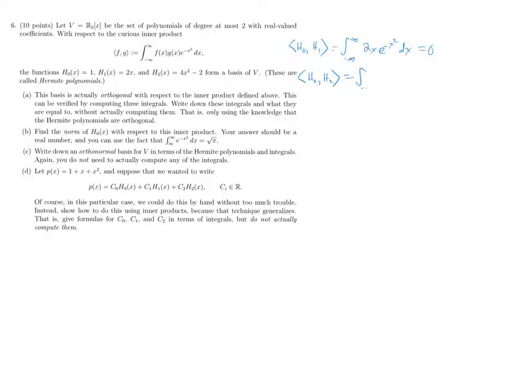So negative infinity to infinity, 4x squared minus 2 e to the minus x squared dx, that has to be 0. And finally, the last one is H1 and H2, their inner product has to be 0. So that means that 2x times 4x squared minus 2, e to the negative x squared dx equals 0.